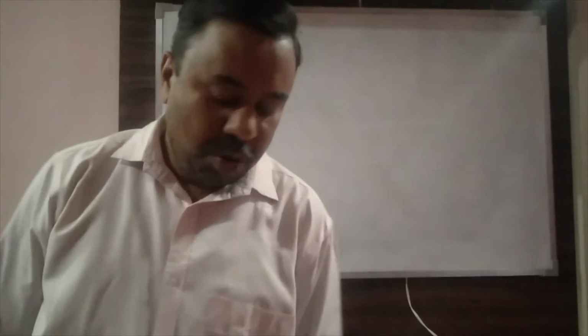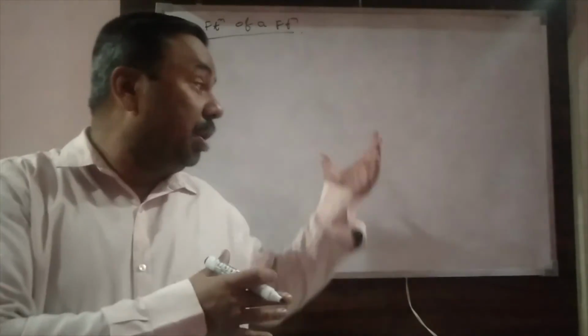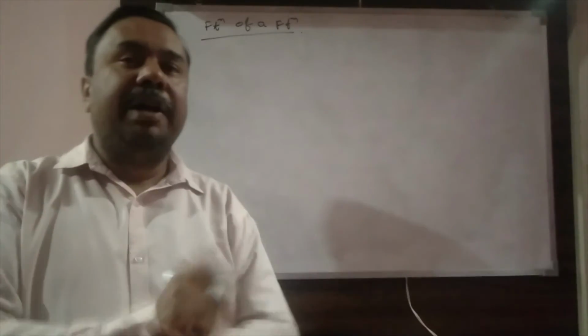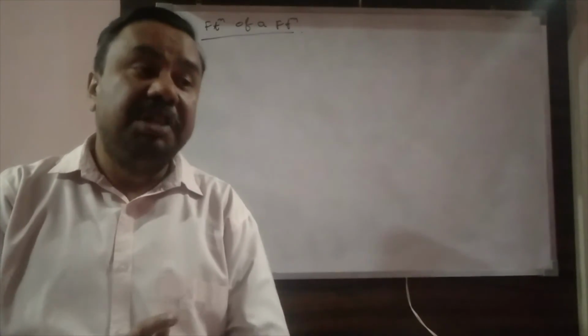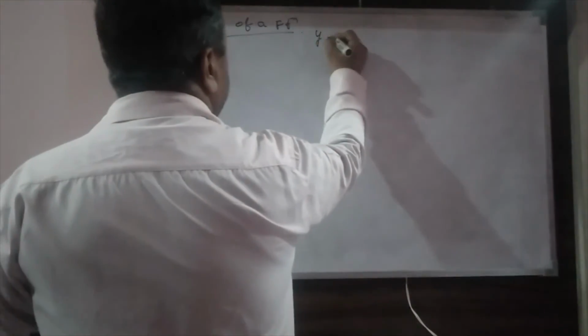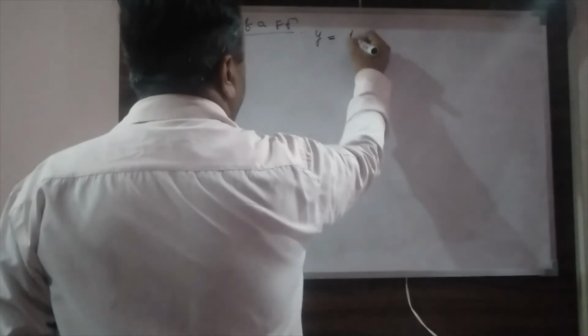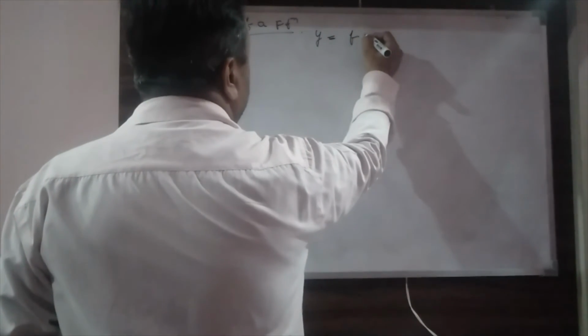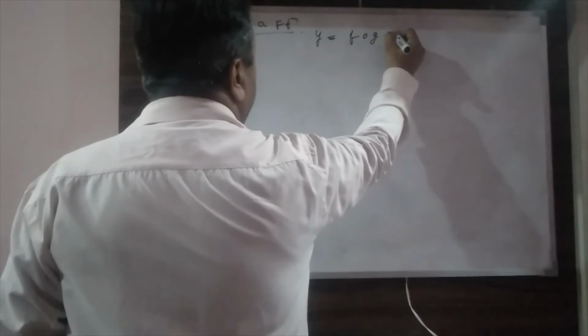Okay, so now the toughest part, or I should say, some people say it is the toughest combination, and I say it is the easiest combination. It is not so tough, because what is this? Function of a function means y is defined as a function of g of x.